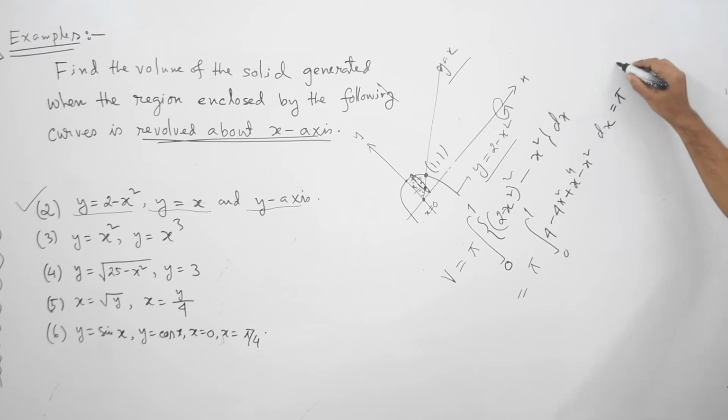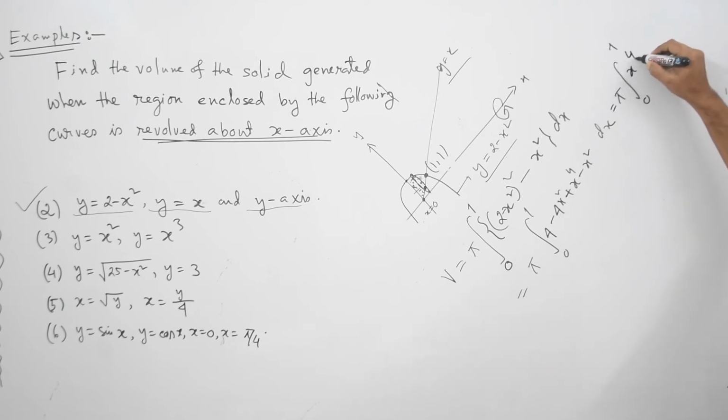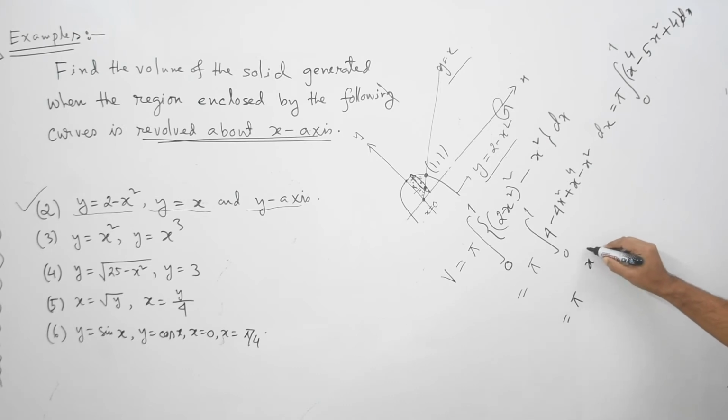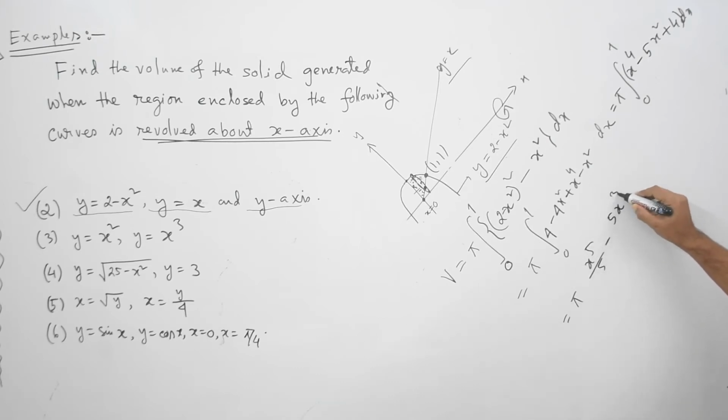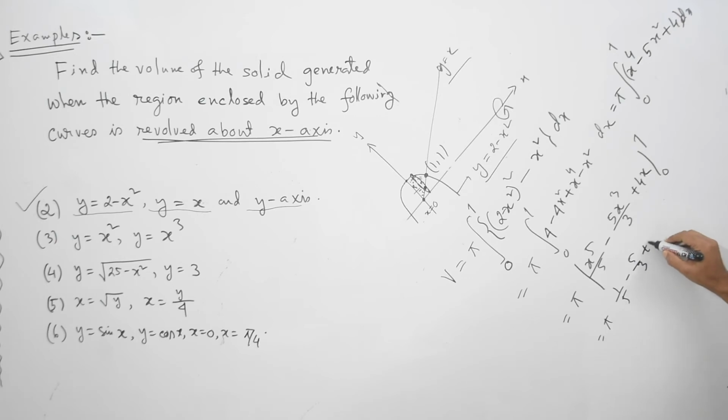This equals pi times the integral from 0 to 1 of x to the power 4 minus 5x square plus 4 dx. So this equals x to the power 5 by 5 minus 5x cubed by 3 plus 4x, from 0 to 1. This equals 1/5 minus 5/3 plus 4.